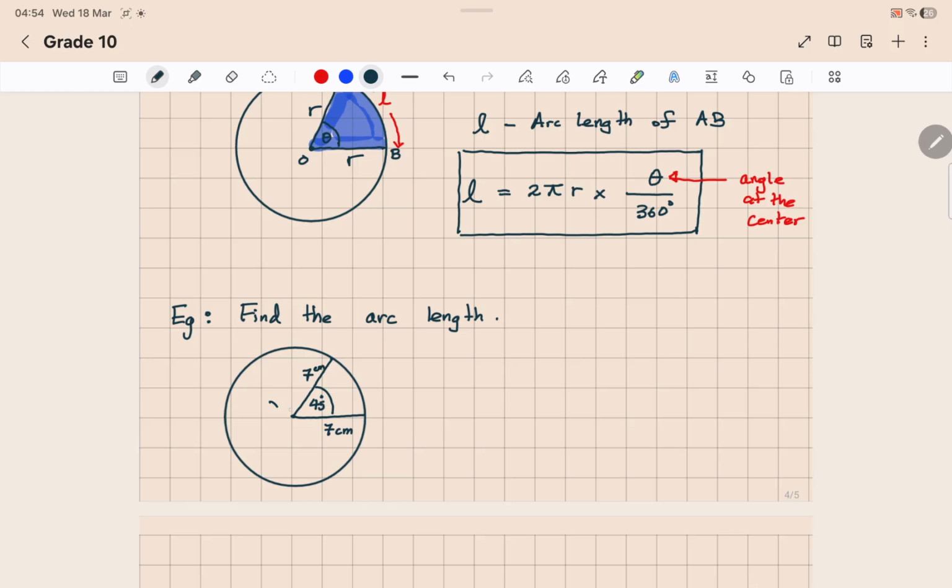So we want to find the arc length of this sector.